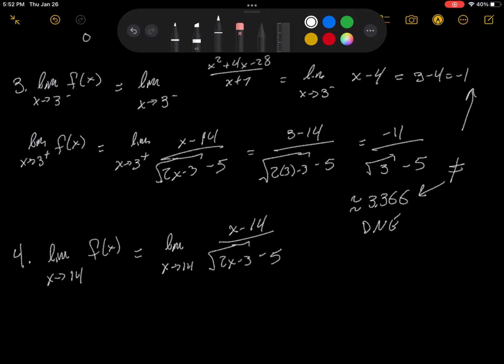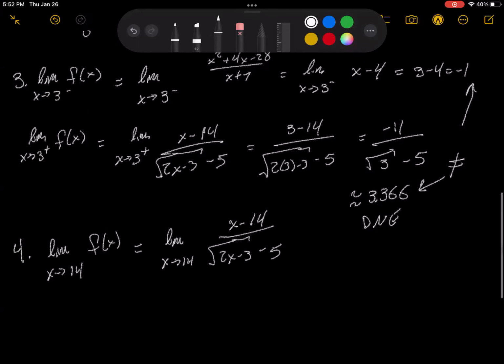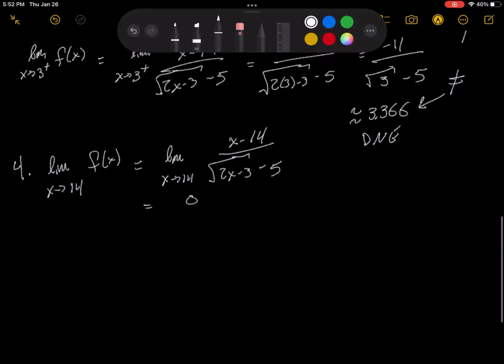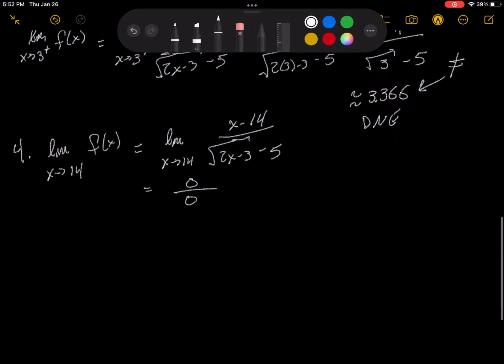With direct substitution, it's obvious that I'm going to get a 0 in my numerator. And if I plug x equal to 14 right there, I get 28 minus 3 returns 25. Square root of 25 gives me 5. 5 minus 5 is 0. I get that 0 over 0 form.